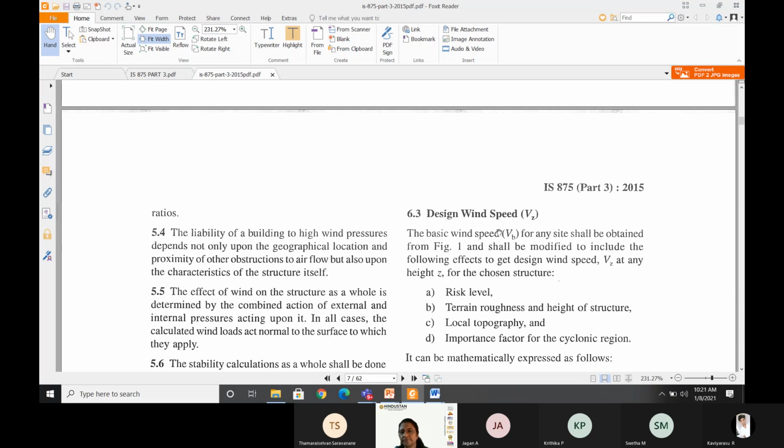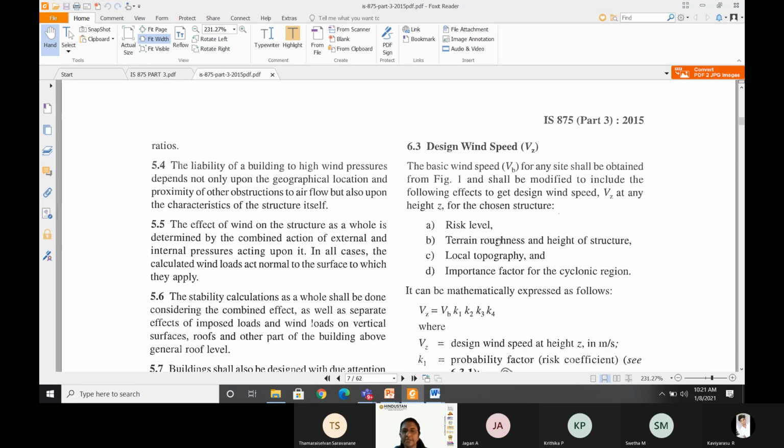The basic wind speed is from the data collected from the meteorological department, so that has to be modified to get the design wind speed. The modification is based on the risk level, the terrain roughness and height of the structure, the local topography, and the importance factor for the cyclonic region. This fourth term is the newly added addition in the 2015 code.